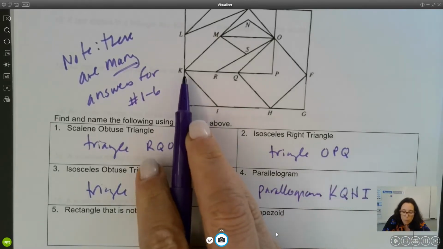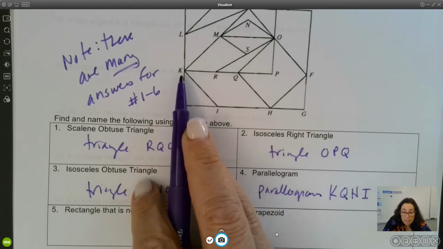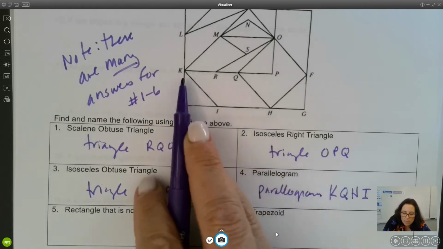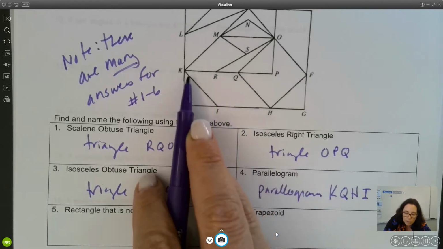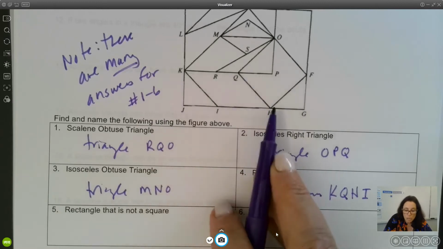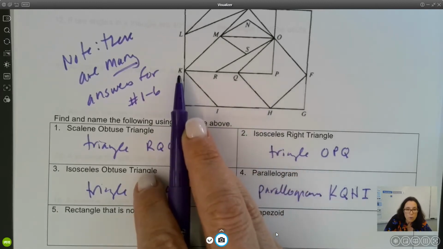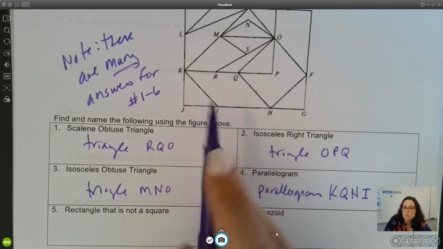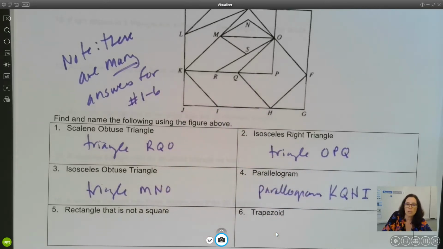You guys, very important to point out, you cannot label this as KQIH. It has to flow around like you're tracing that black line. It could also be QHIK or IHQK. Doesn't matter if you go clockwise or counterclockwise, but you need to flow around it.